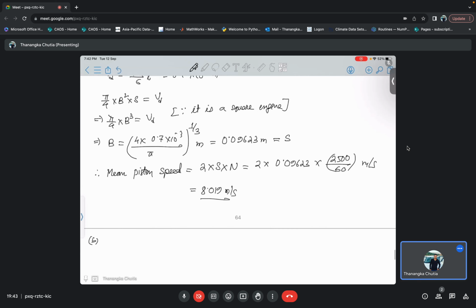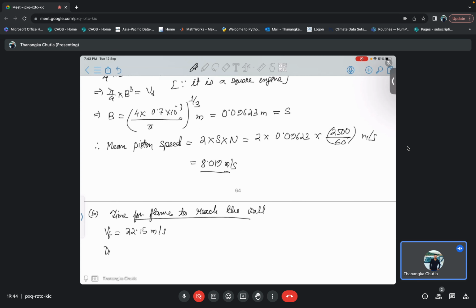Okay, next is time for flame to reach the wall. Okay, VF is given as 22.15 meters per second.